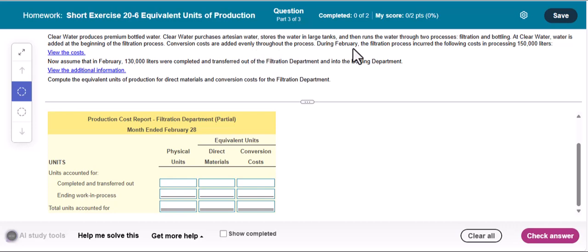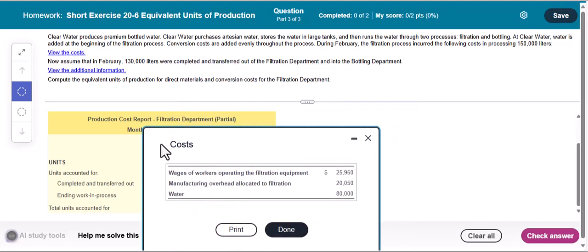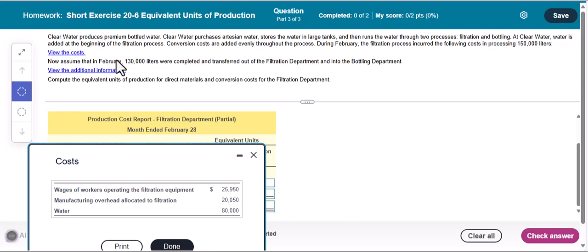During February, the filtration process incurred the following costs in processing 150,000 liters. So we can view the cost here. So now assume that in February, 130,000 liters were completed and transferred out of the filtration department and into the bottling department.